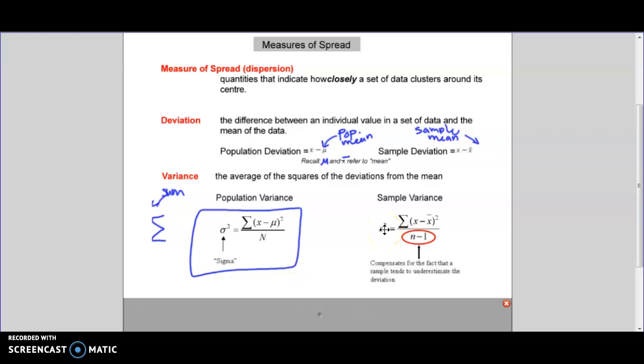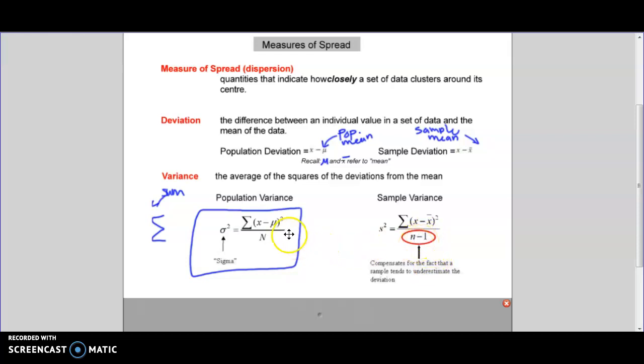The final difference would be the denominators. In population variance, the denominator is just n. In sample variance, the denominator is n minus 1. The reason we subtract that 1 is because it compensates for the fact that a sample tends to underestimate the deviation. Because samples underestimate the deviation, we do this subtraction of 1 to try to compensate for that.